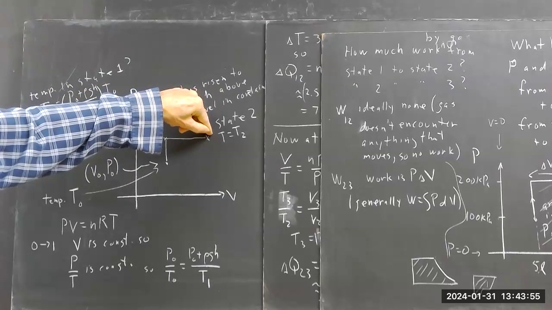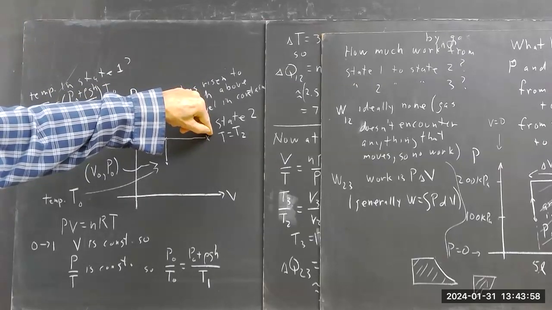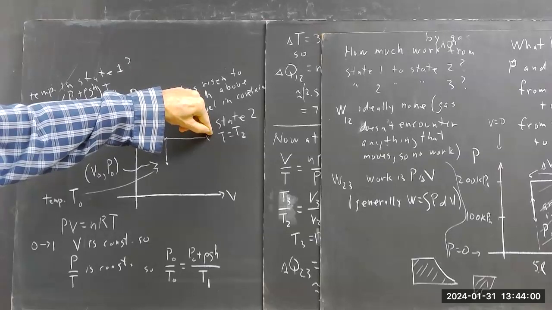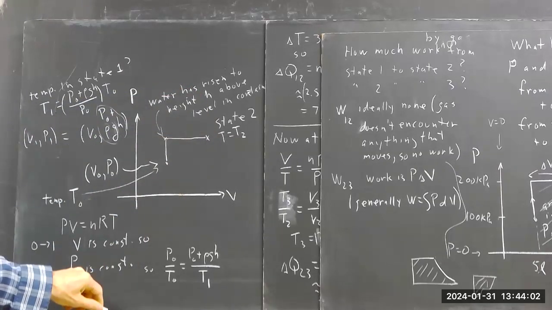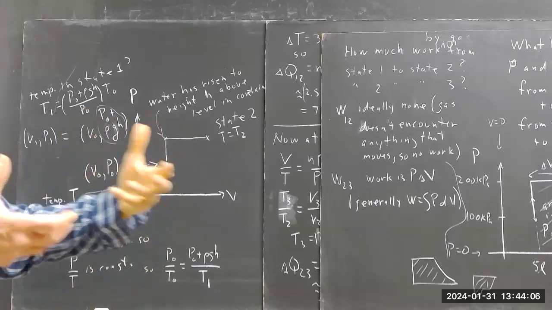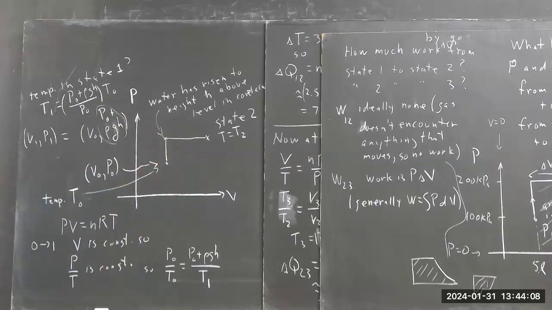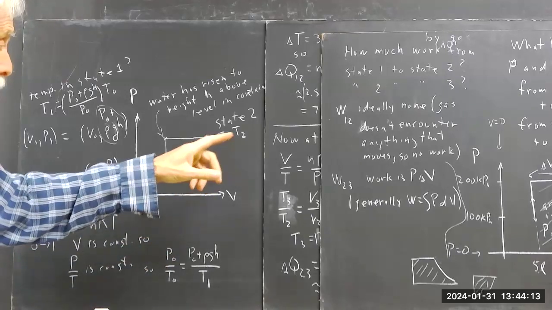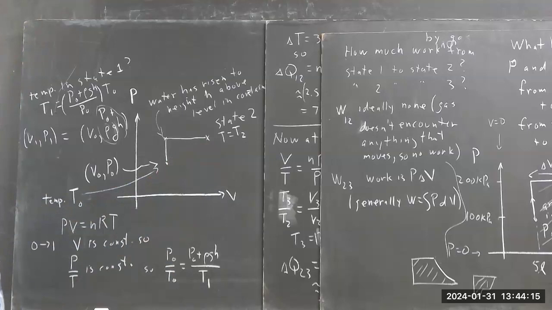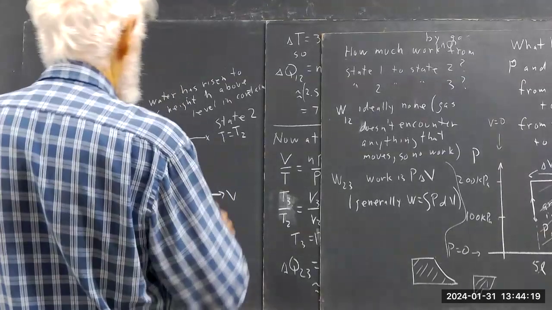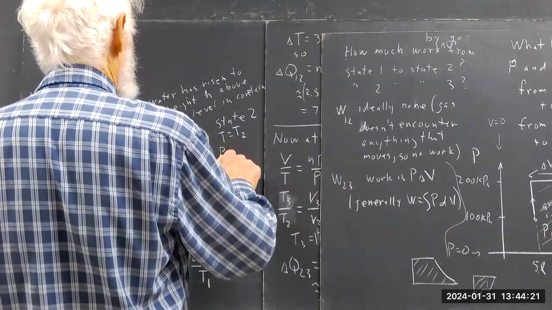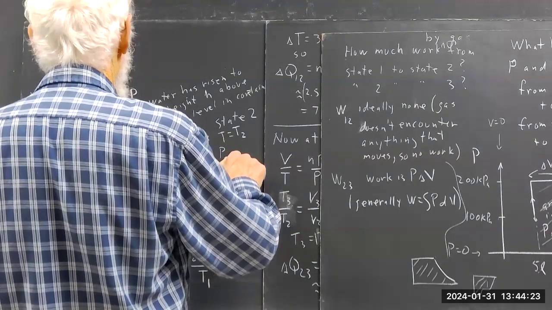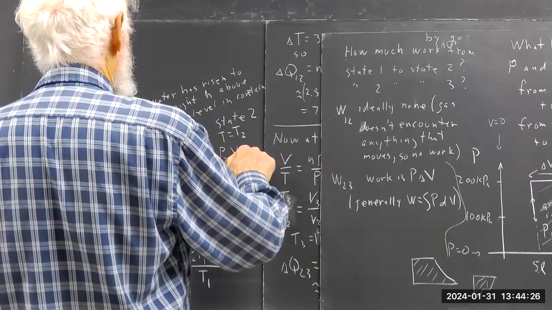And how much work do we get? Okay. And we're not yet getting the work in a cycle, but we're getting the amount of potential energy, amount of mechanical work that we get out of this system. Okay. So what's P and T here? What's P and V?